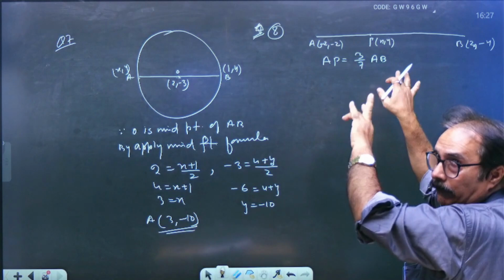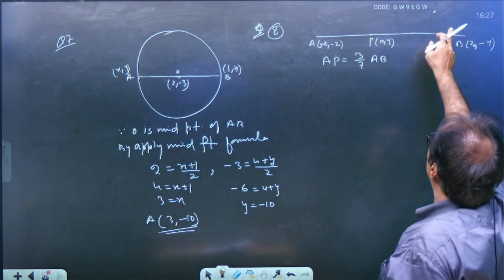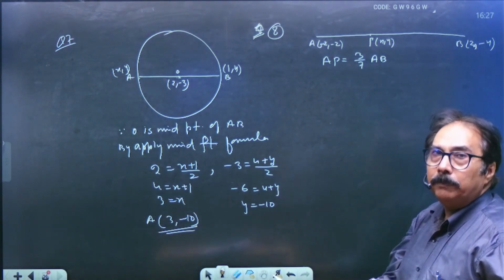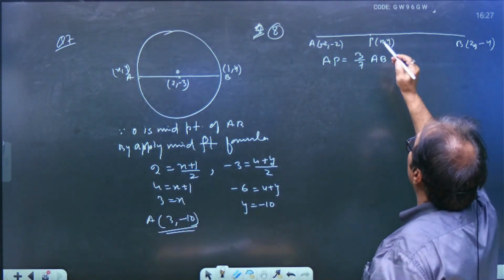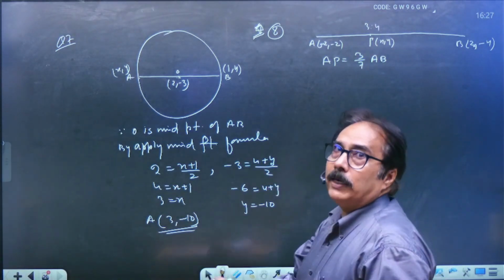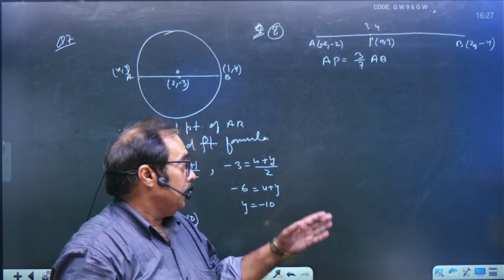AB is divided into 7 parts, and AP is given as 3 parts. So what about PB? That will be 4 parts, which means AP is to PB is equal to 3 is to 4.